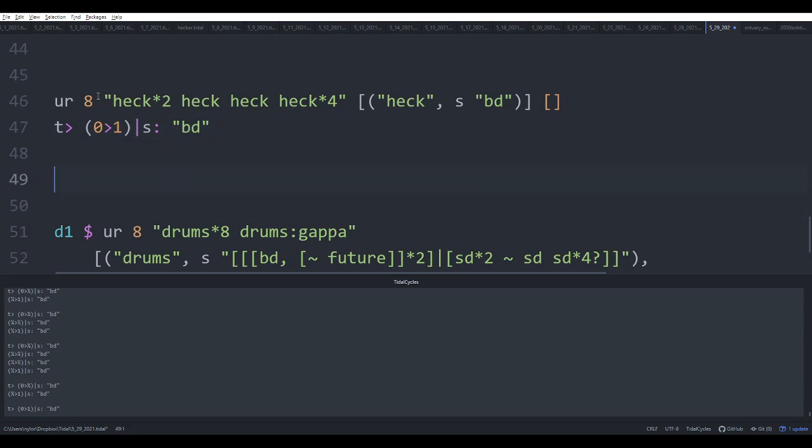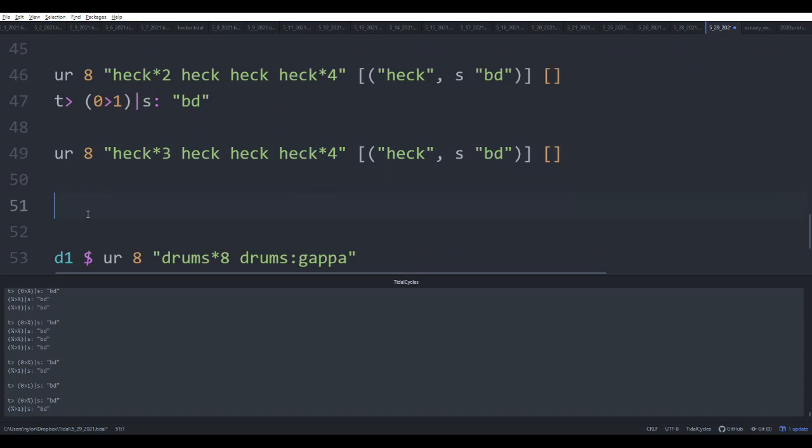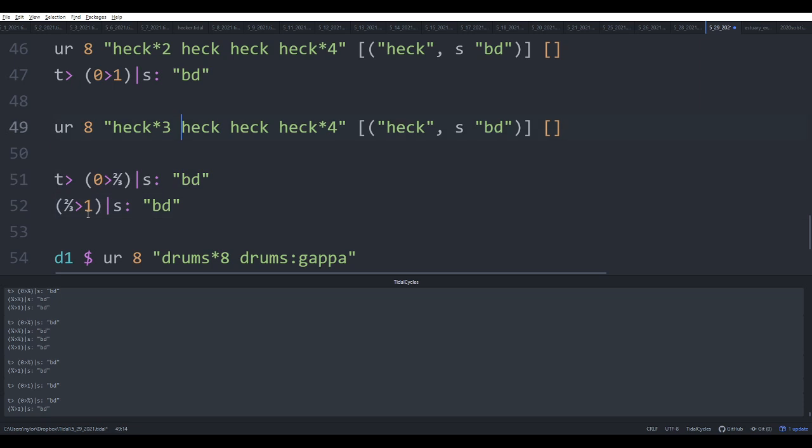Meanwhile, if you do, say that, then you get this result.